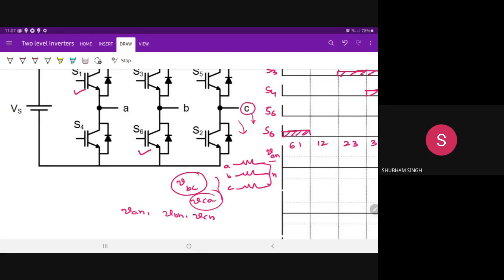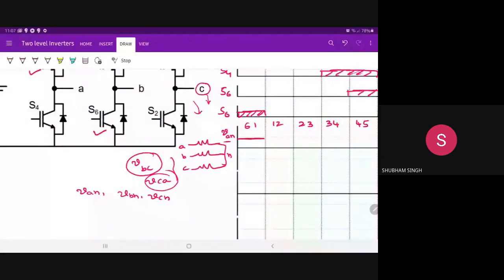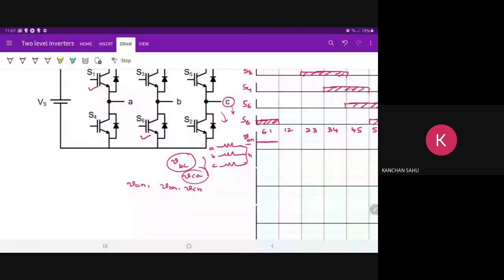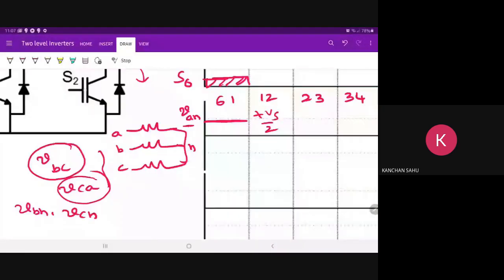So VAN. When you connect this one, this voltage is plus Vs, right? So what is VAN? Vs by 2, right? So this is plus Vs by 2.